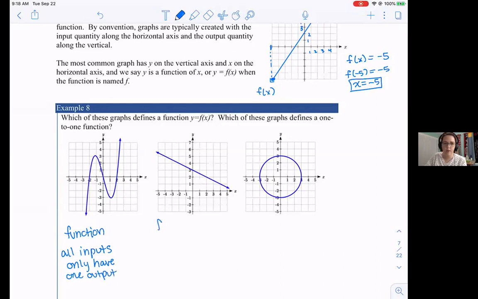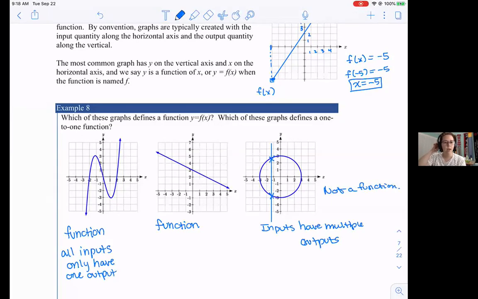This one is also a function, same reasoning, but this one is not a function. If we were to do the vertical line test, we see that the inputs have more than one output. So it's not a function.